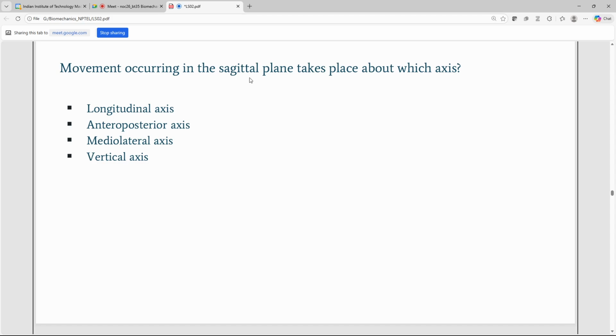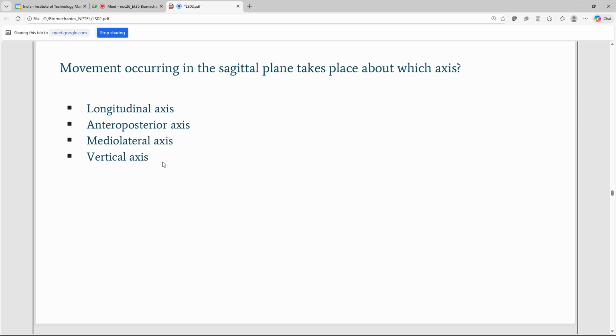The movement occurring in sagittal planes takes place about which axis? Options are longitudinal axis, anterior posterior axis, medial lateral axis, vertical axis. You can quickly answer these questions.